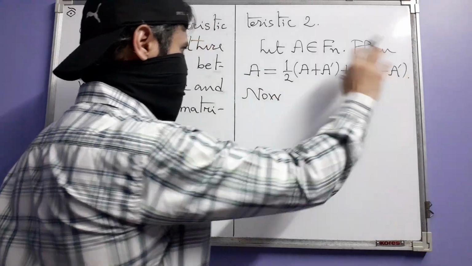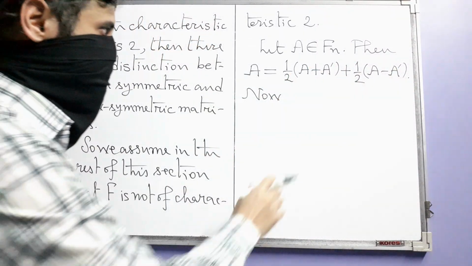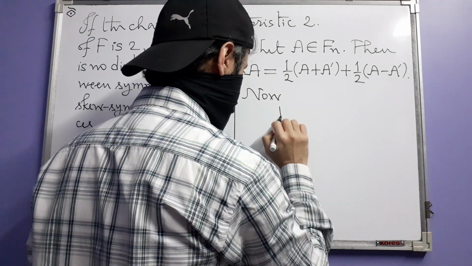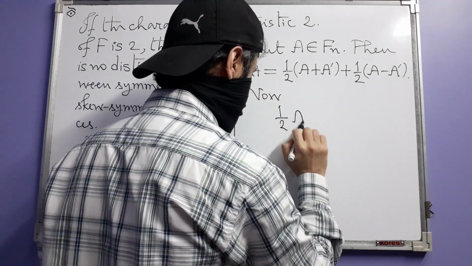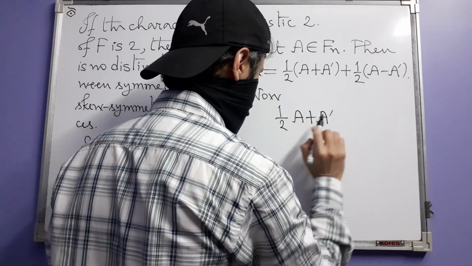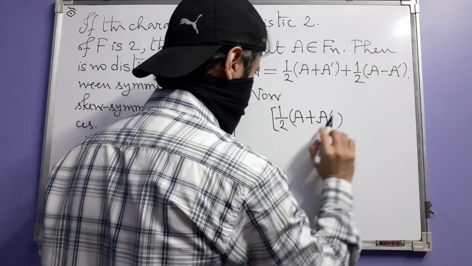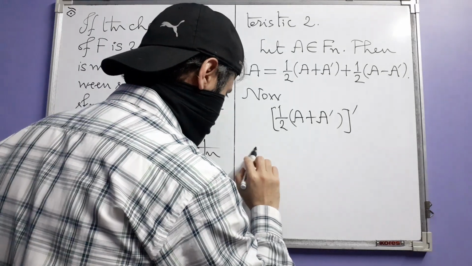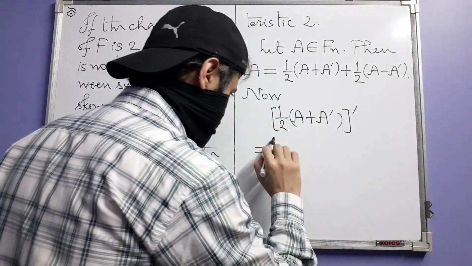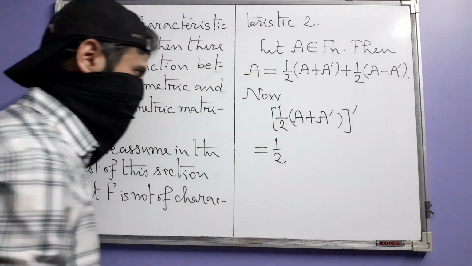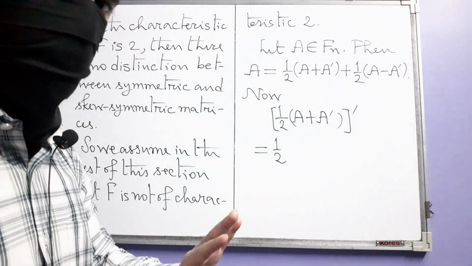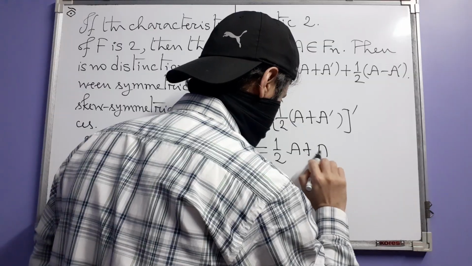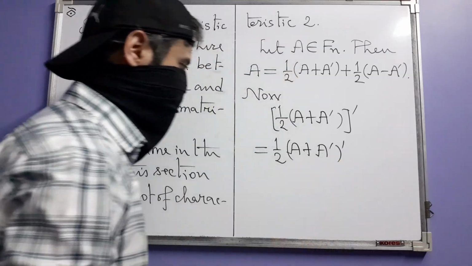Now, what is so special about these two matrices? Let's take the transpose of this matrix and see what we get. First of all, we can take the scalar outside, because it is one of the properties that transpose has. Okay, so we then get the transpose of this.